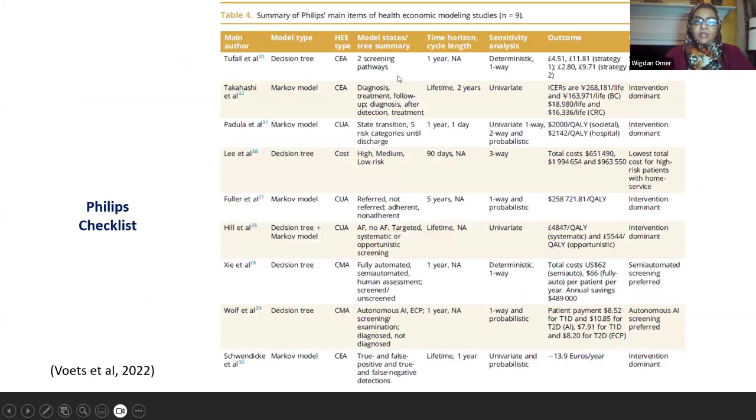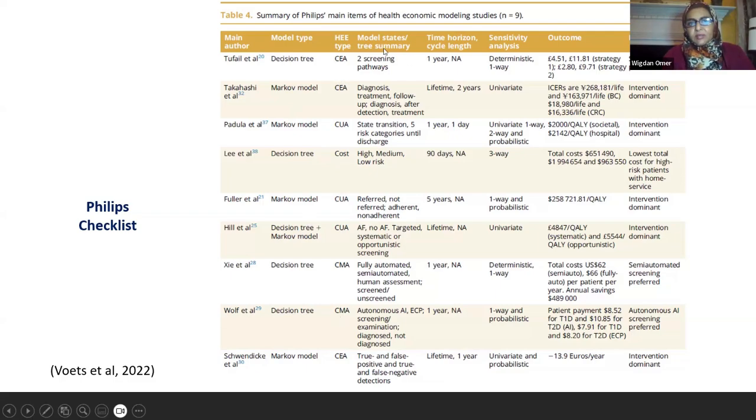So here is the complete table of the Phillips checklist that was provided by the review. You can see that these are the 9 studies. And this is the type of model, decision tree, Markov. One of them had used both decision and Markov. This is the health economic evaluation type. We have cost effectiveness, utility, and minimization.